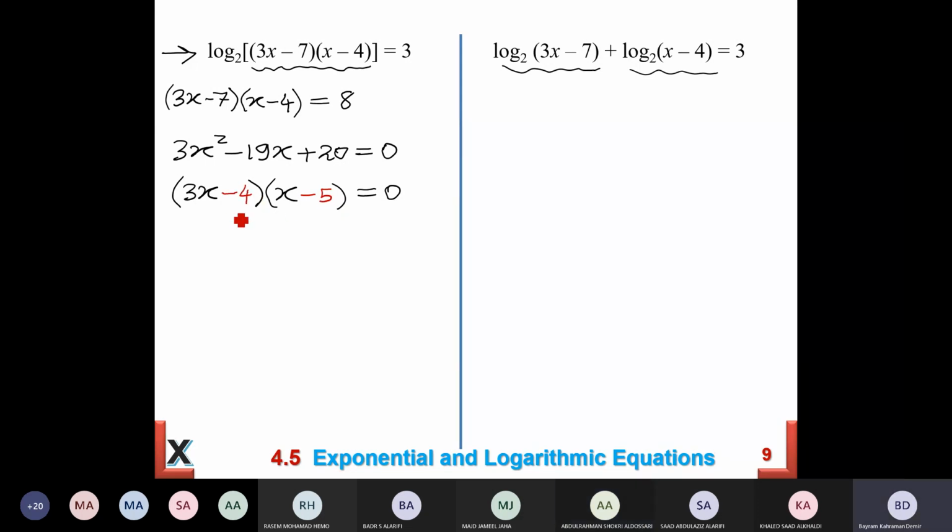Yes, perfect. That's the correct factorization. Now one solution is x equals 4/3. Another solution is x equals 5.